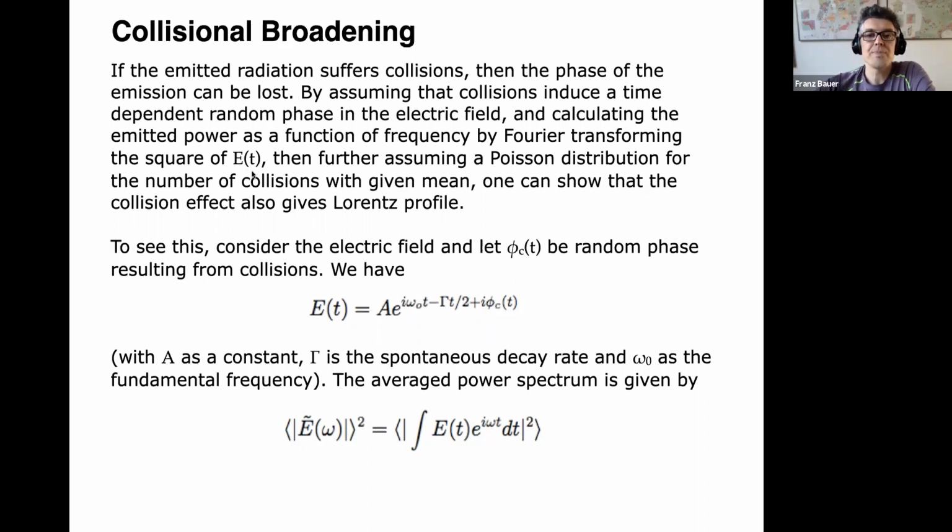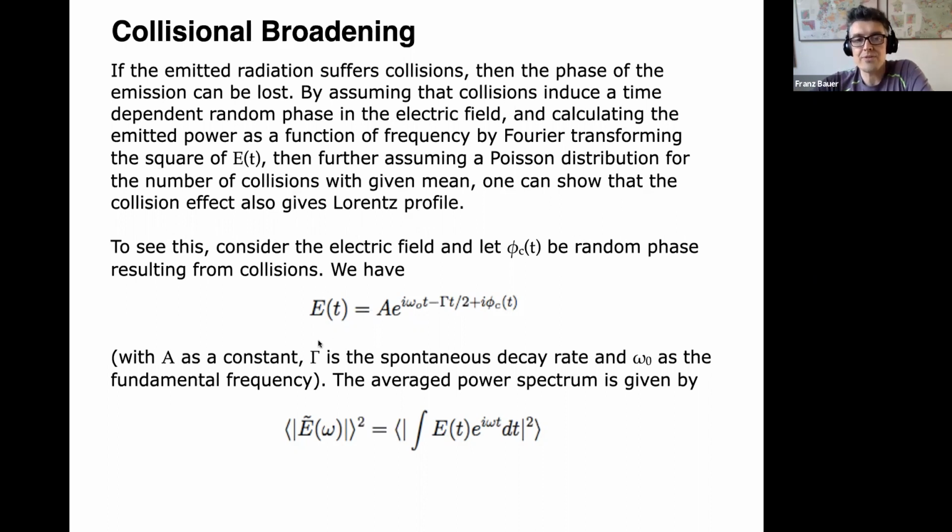Here we assume a Poisson distribution for the number of collisions about some mean. We showed that this collisional effect ends up giving a Lorentz profile.